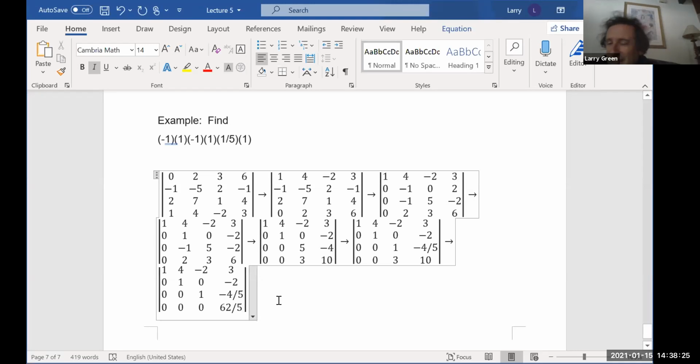I made sure that only the last step had an ugly fraction. If I did it in my head right, then that should work. All right, now I'm in really good shape. I don't need to do any more row ops. What's that determinant?